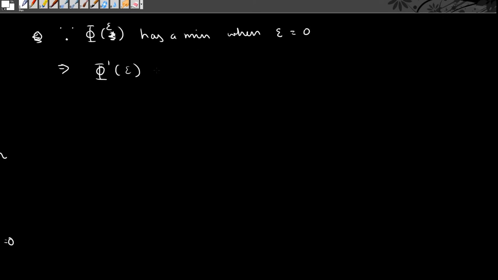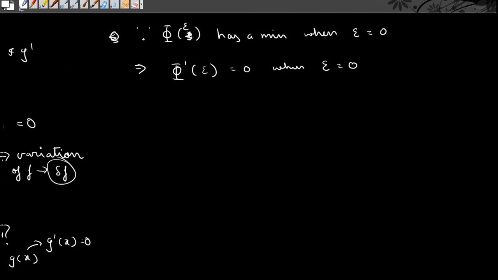Since phi of epsilon has a minimum when epsilon equals 0, this implies that phi dash of epsilon equals 0 when epsilon equals 0, right? So this is basically this result.